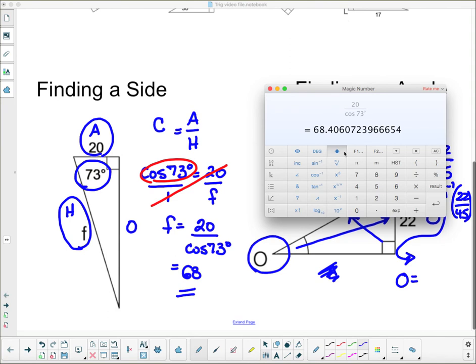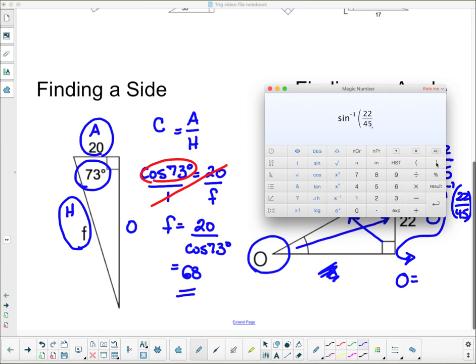Now, if you're using your iPad or smartphone, these will turn into -1s when you press that button. So I want to do sine to the -1 of 22 over 45. So sine to the -1, I have to use my brackets, 22 divided by 45.